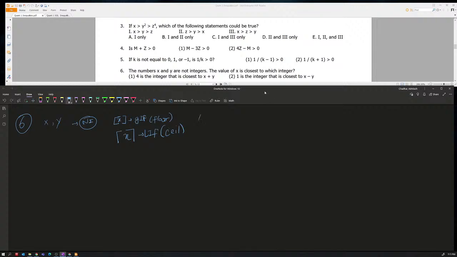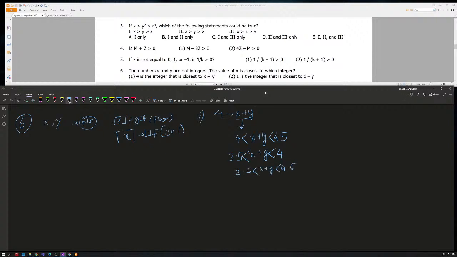Let's see the first piece of information. It says 4 is the integer that's closest to x plus y. So x plus y is in between 3.5 and 4.5.